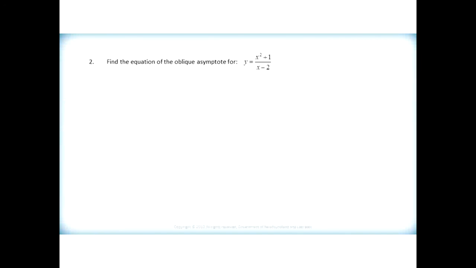We move along. Find the equation of the oblique asymptote for y equals x squared plus 1 divided by x minus 2. So one more example of the same old business. We're going to take 2 as our potential root, divide it on into 1 as a coefficient of x squared. We have a 0 as our coefficient of x, and a 1 as our constant term on the end.